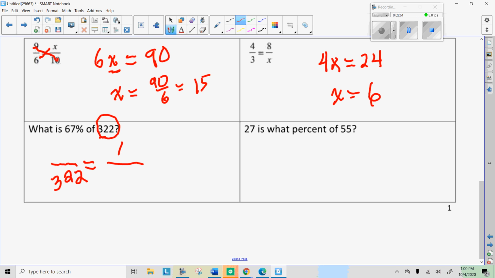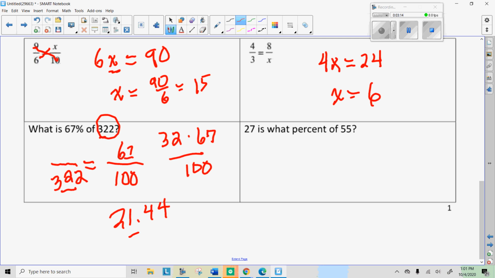The percent, if it's given in the problem, always goes over 100. And then you can go ahead and work the problem. So I'm going to do 322 times 67 to figure out what that equals, and then I'm going to divide that by 100. And if you did that right, you got 21.44.